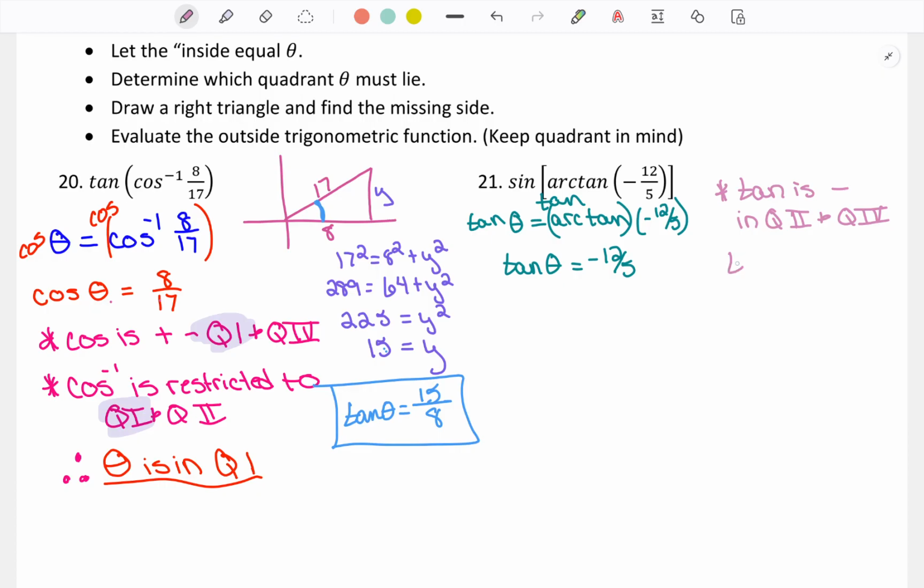And then arctangent is restricted to quadrant 1 and quadrant 4. So since quadrant 4 is in both of those, quadrant 4 is where theta is.